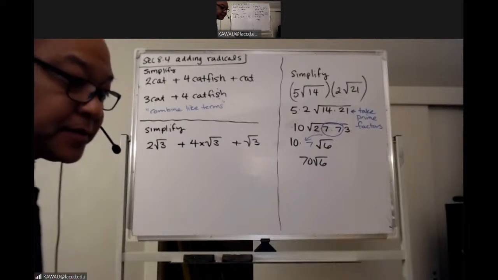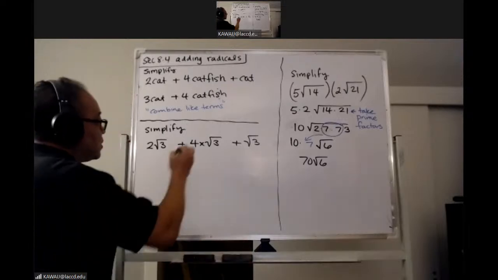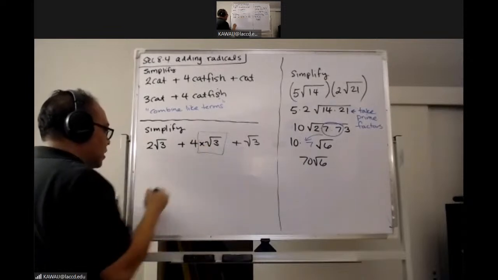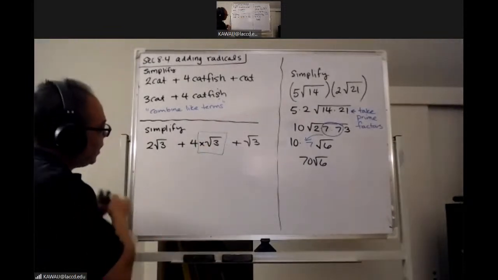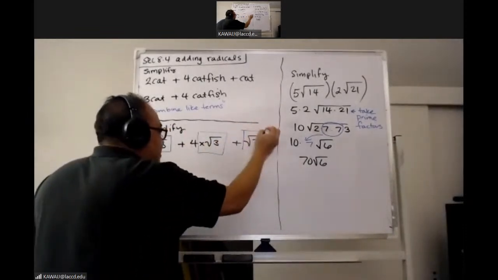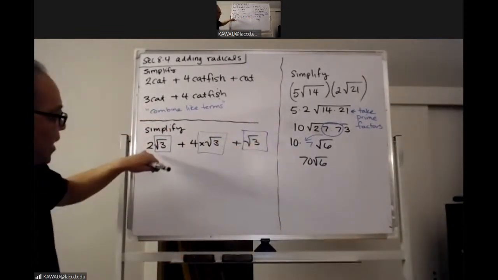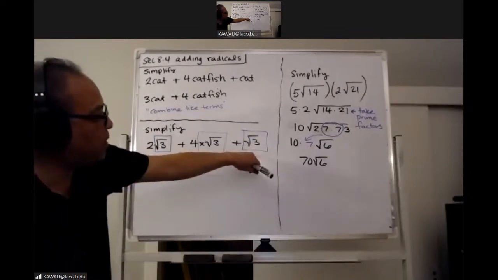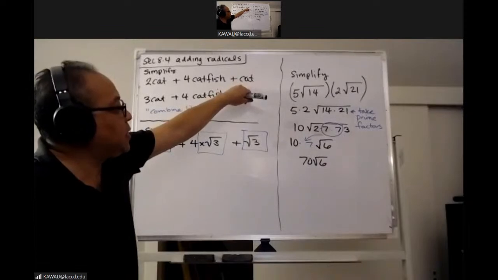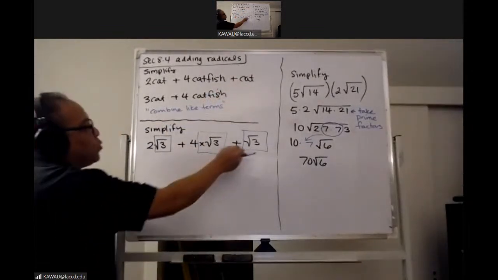Look at what comes after the number. Over here, I have a square root of 3, and that's exactly the same as this. So I have 2 of these, and I have 1 of these, because when there's no number in front, just like the cat over here, we assume that I have only 1 of these.